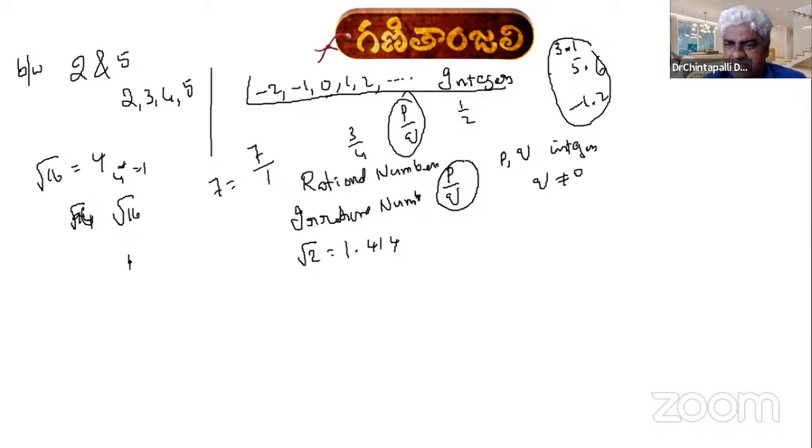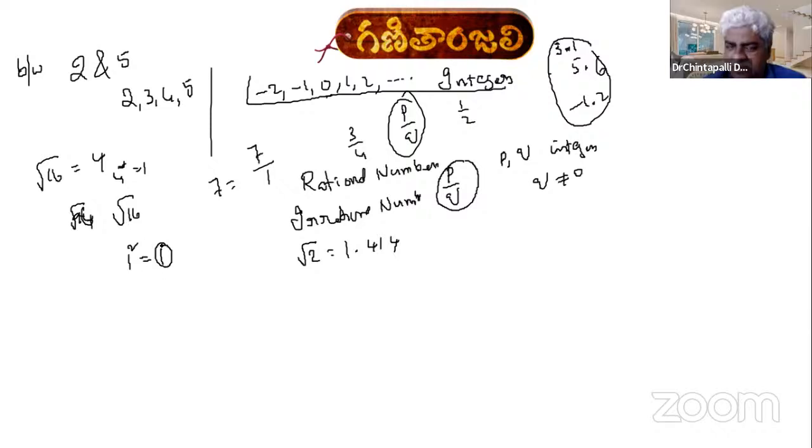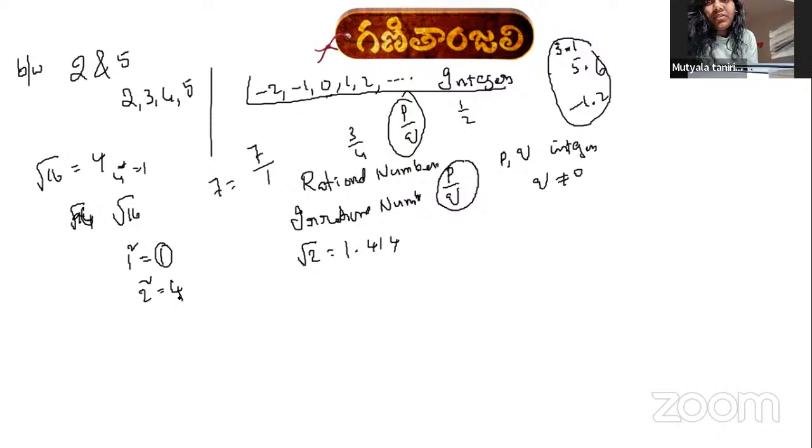To check whether 1 is root 16 or not, we find the value of 1 square. Is it less than 16 or greater than 16? Less than 16. So root 16 might be more than 1. Go for 2. 4. Still it is less than 16.